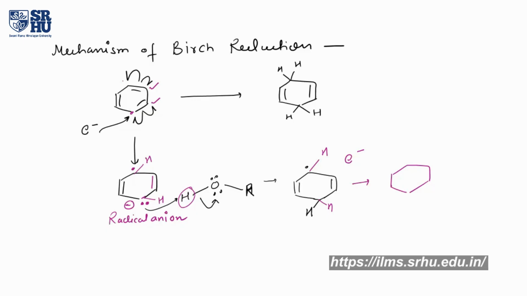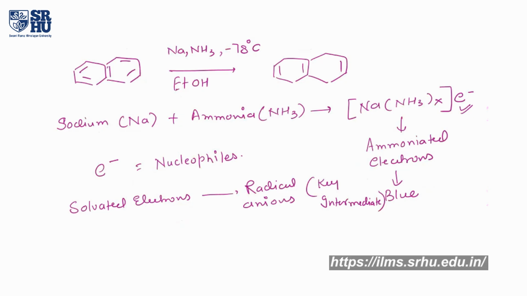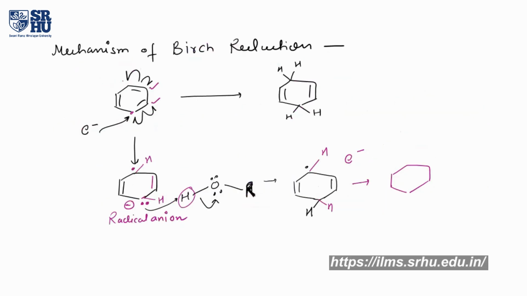This OH is actually not water, this is actually alcohol. As I have previously told, we are using alcohol as a source of proton, so please make it correct that this proton has arrived from the alcohol which we are using in the reaction. So alcohol is acting as a proton source, and because a radical anion always attracts a proton, it catches this proton and the oxygen hydrogen bond breaks away.